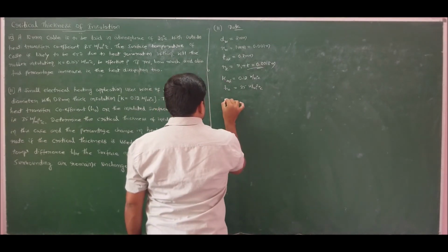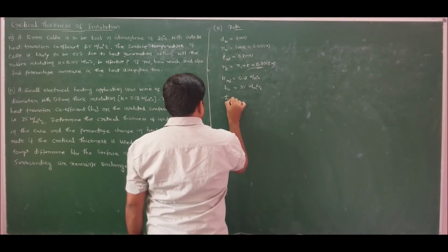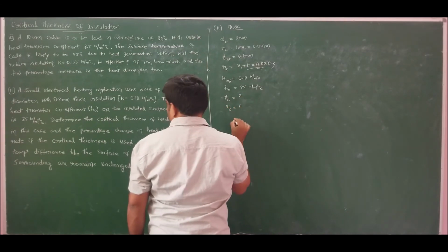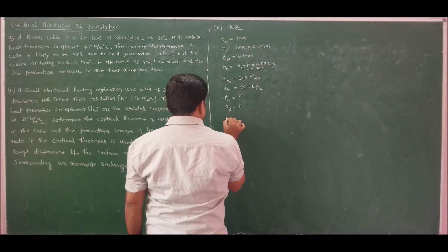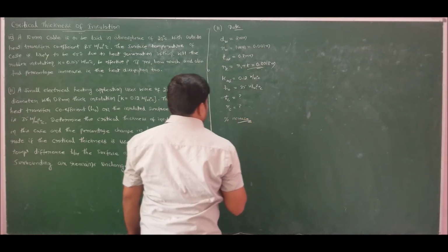Determine the critical thickness of insulation, that is TC. Critical thickness of insulation is what he is asking. Hence, you find the value of RC also and find percentage increase in heat transfer.